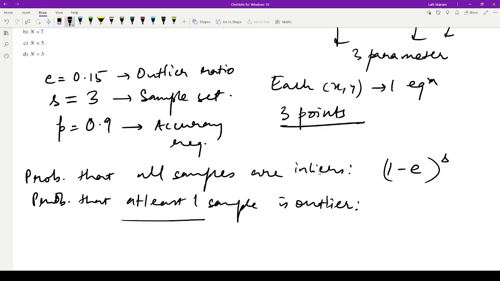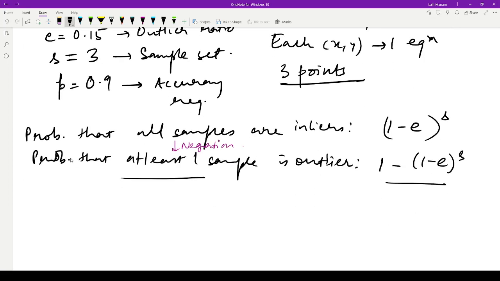It is 1 minus (1 minus E) to the power S. Because this statement is just the negation. I'm just writing it in English terms. All samples are inliers, so if you negate it, at least one sample is an outlier. So this probability is 1 minus the one that we got earlier.